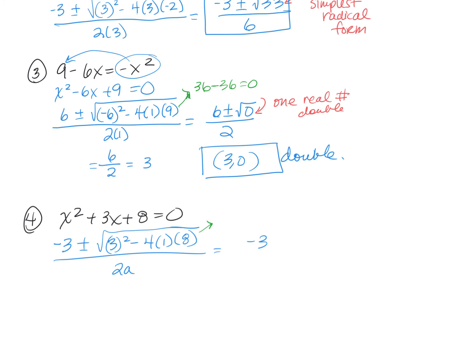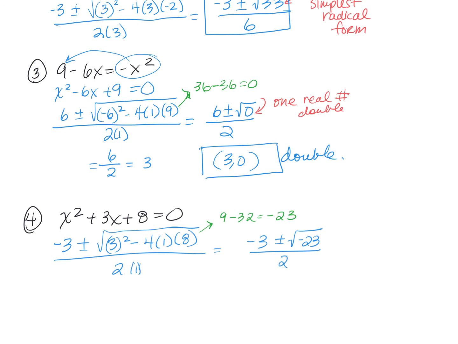I have 3 squared is 9, minus 32, which gives me a negative 23. All right, so remember, I'm going to plus or minus the square root of negative 23, all of that over 2a, but I should have written a as 1 down here. Sorry about that. So that's just over 2.